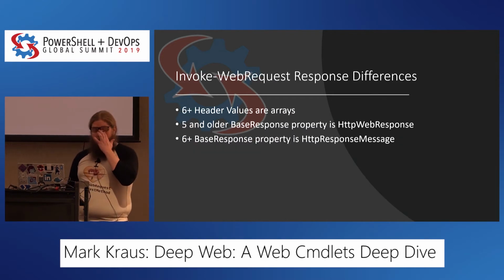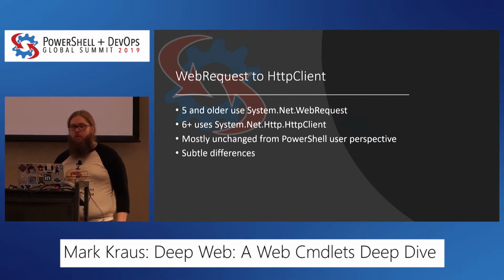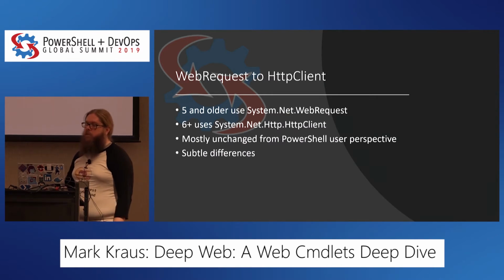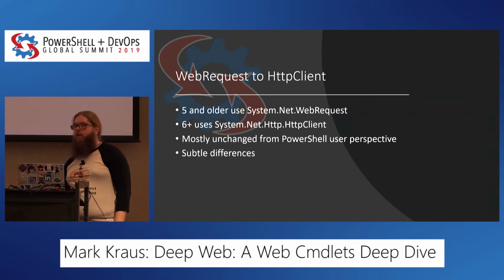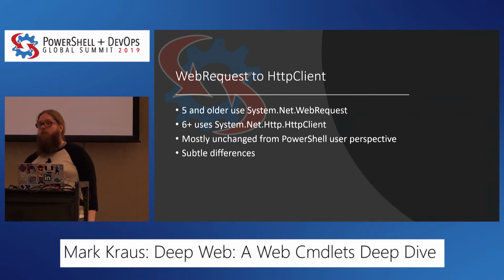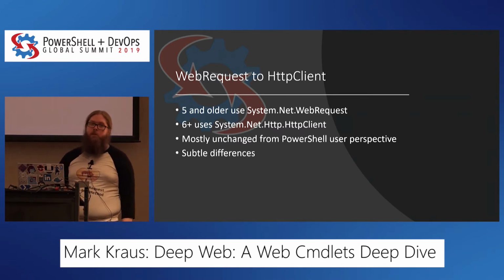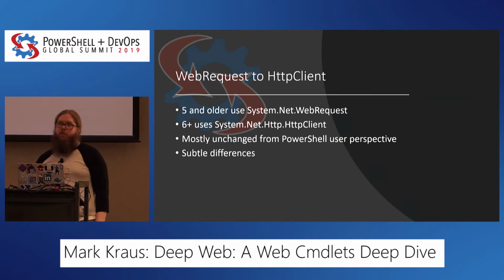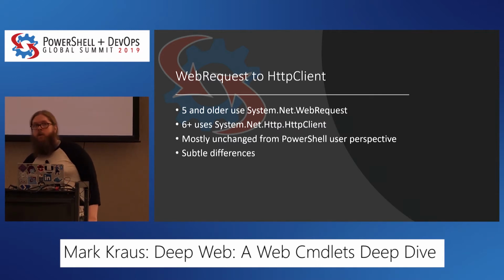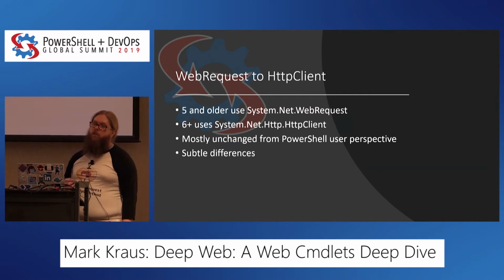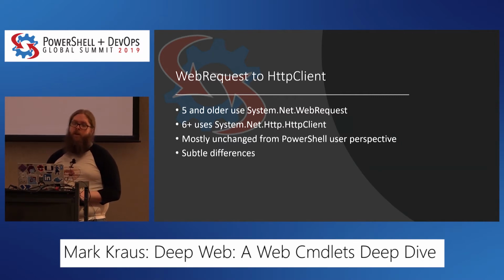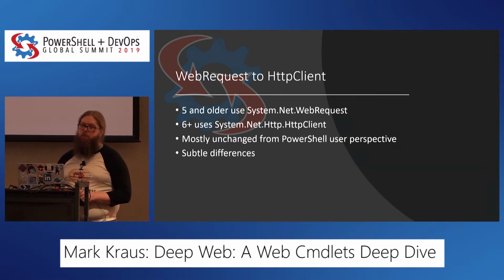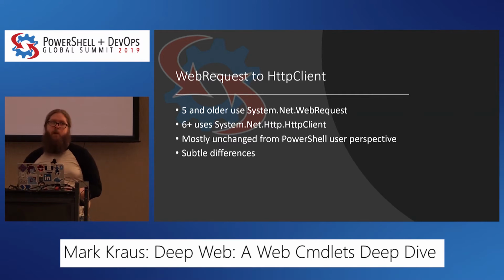But one of the reasons for doing this also is that HTTP client is a better .NET API for actually doing web requests. I mean, it's specifically for HTTP calls. And that's what the primary use case is, I believe, of the web commandlets. So it's a better fit for us. It gets better performance. It's faster. It is a little bit easier to work with on the C# side, which makes my work easier.